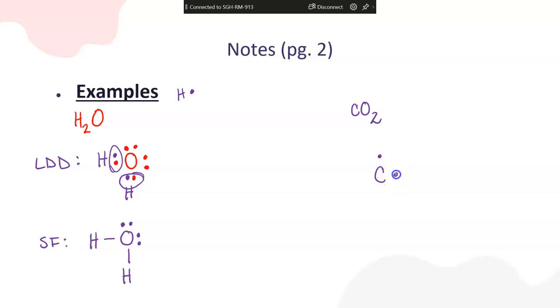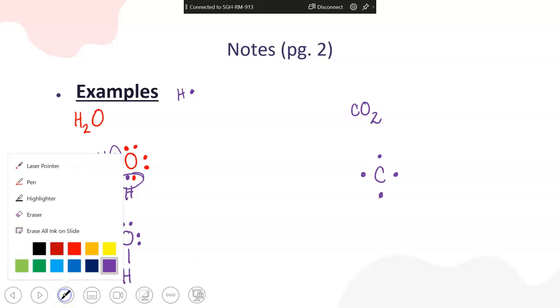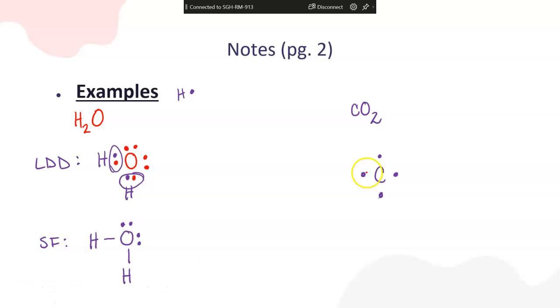So 1, 2, 3, 4, and then oxygen has how many? 6. So how many unpaired? 2, right? So I'm going to start by pairing oxygen with one of carbon's. So there's 3, 4, 5, 6. And then I'll pair my other oxygen up so it's started.